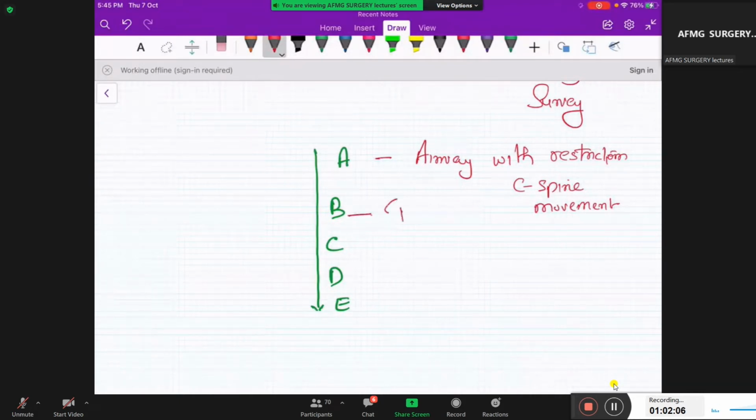B, you all know, stands for breathing. C stands for circulation. And D stands for disability.